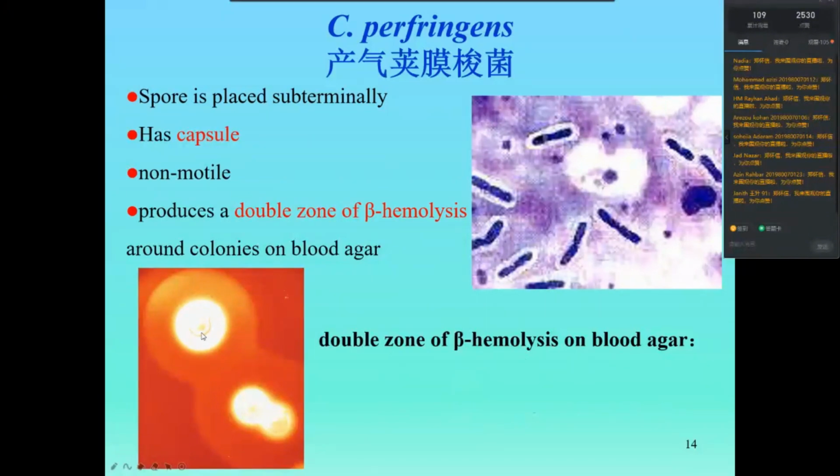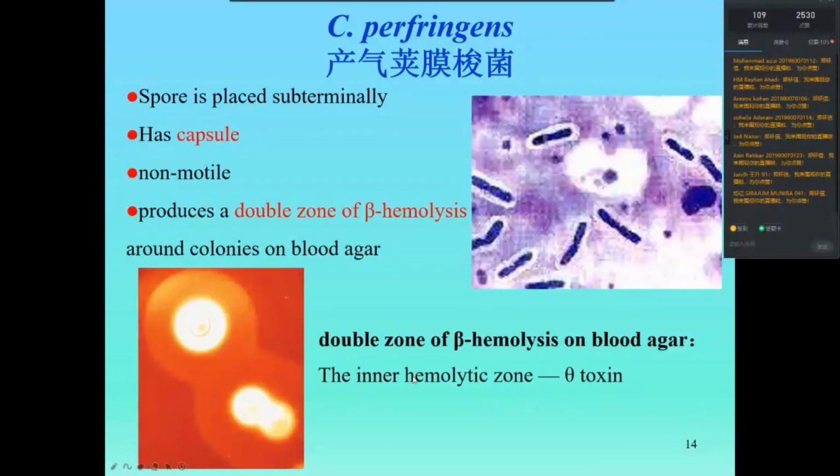This zone, we call it the inner hemolytic zone. And there is also an outer zone. The outer zone is not like complete lysis. That's because of another toxin, alpha toxin. They look different. So keep in mind this double zone of hemolysis, beta hemolysis on blood agar.